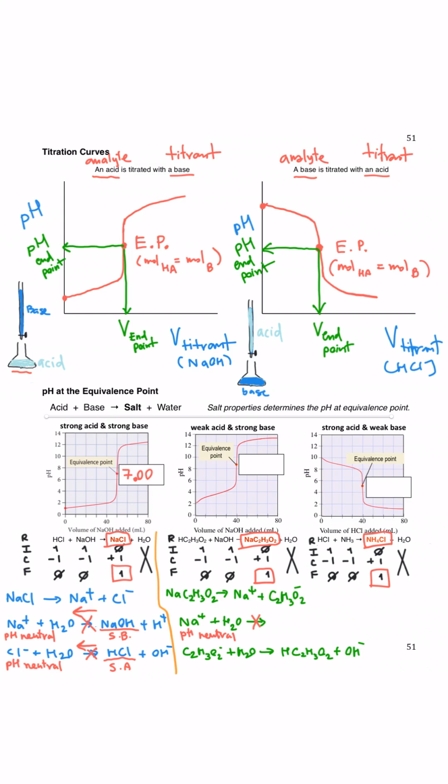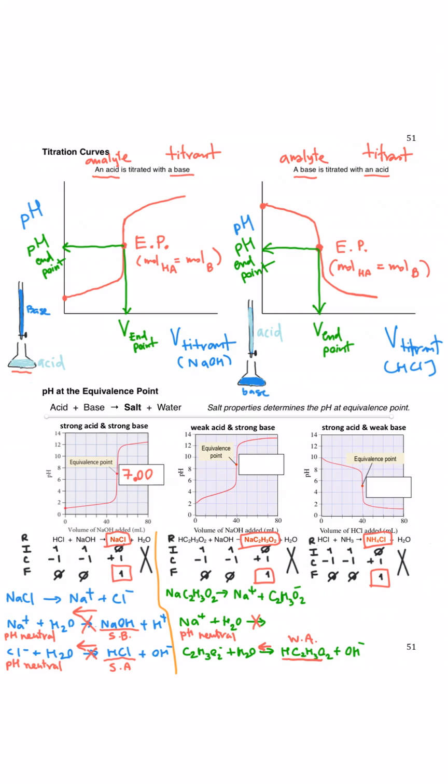However, the acetate ion will react with water to form acetic acid and hydroxide ions in the solution. In this case, we see that acetic acid is a weak acid. Therefore, acetic acid would undergo a reversible reaction to form acetate ion in water as well. So that means this reaction is possible and the acetate ion will react with water.